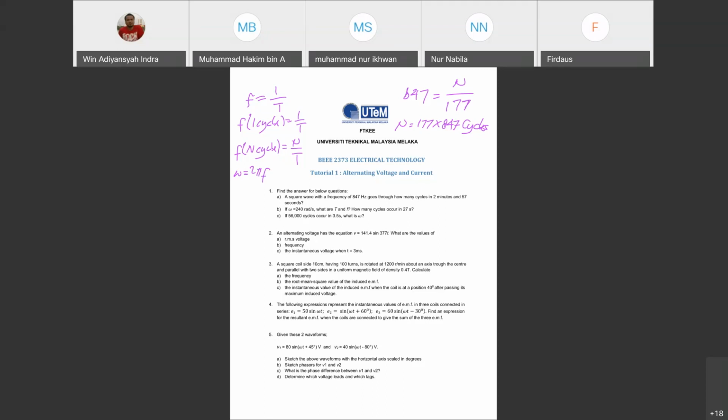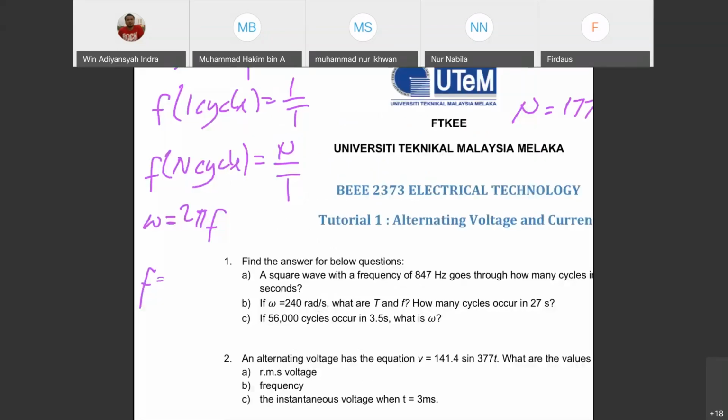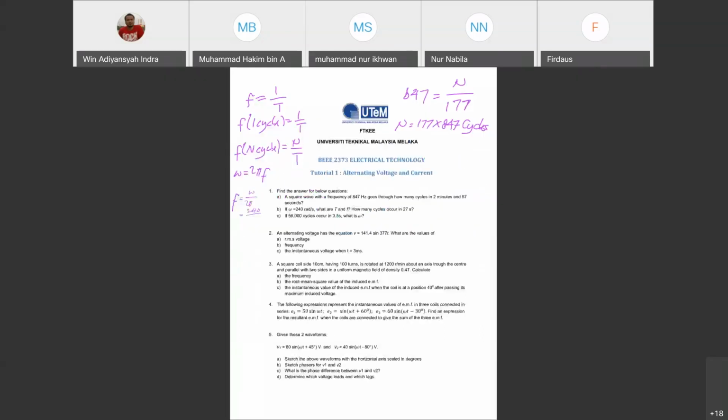So from here, you can find F equals omega over 2 pi, which is 240 over 2 pi. Okay, that will be F.